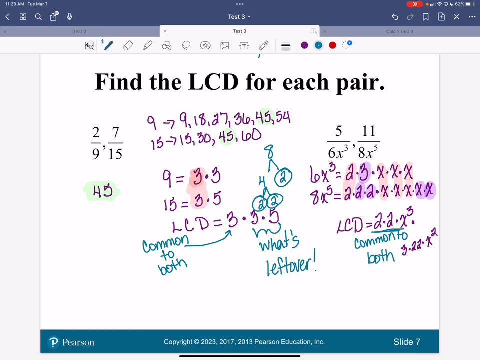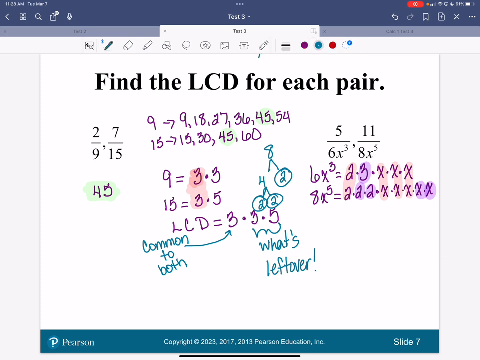So this part is what's left over. All of it is your LCD. So what I have to do to get my LCD is multiply 2 times 2 times 3 times 2 times 2. Oh, I wrote 2's down. Okay, let's go back. I wrote too many 2's down.